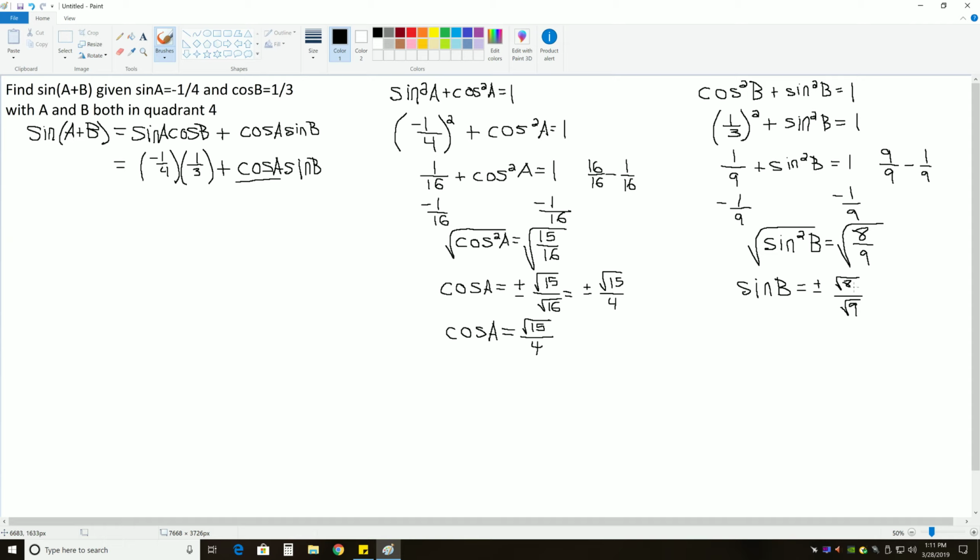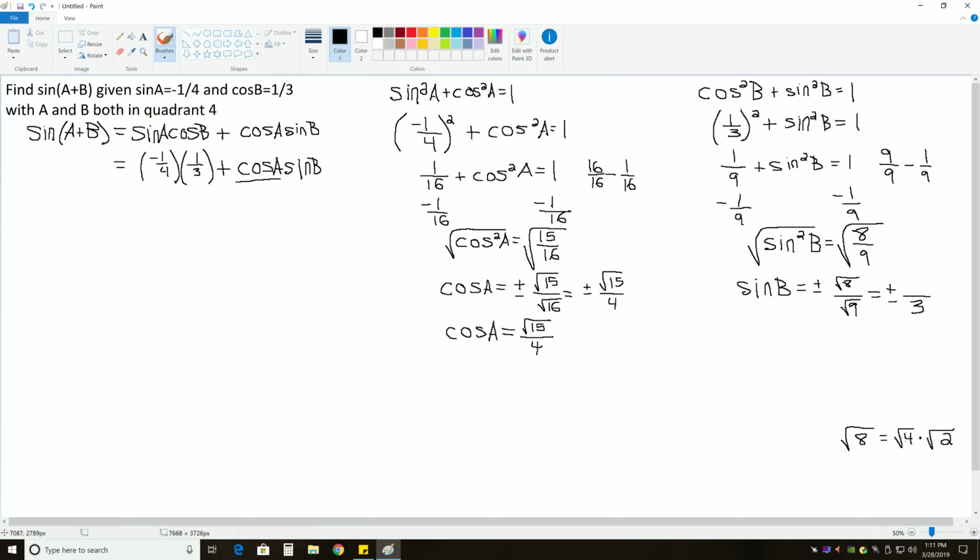And there are a couple of things we can simplify here. We have a plus or minus. Starting with the bottom, that's the easier of the two. The square root of 9 is just 3. But the square root of 8 is a little trickier. So I'm going to write this in the bottom right corner. The square root of 8 is the same thing as the square root of 4 times the square root of 2.